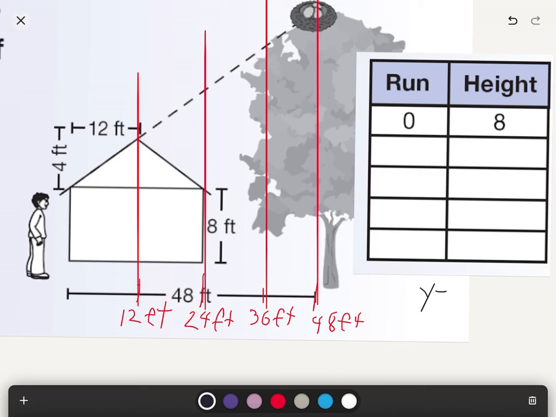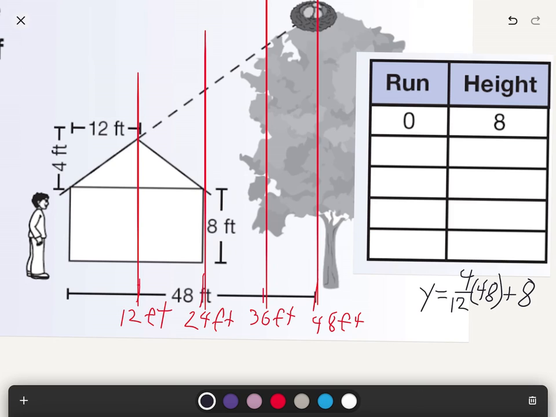But the equation we've got here is y equals 4/12, that being our rise and run, multiplied by 48, and then the height that we're starting at is 8. So I'm just going to put that in the corner there because I think it demystifies this a little bit more just to see what we're doing at each step.